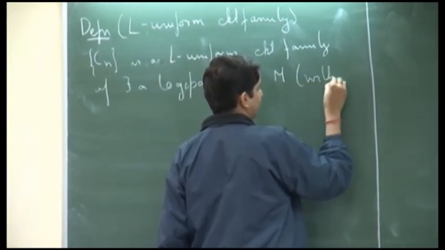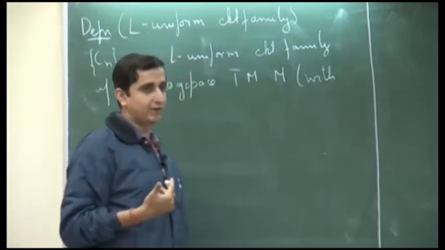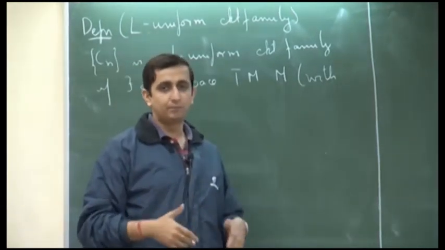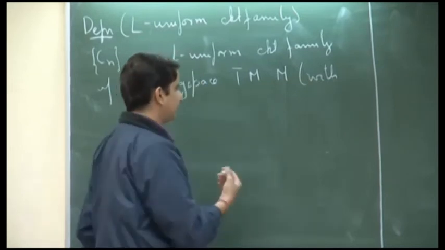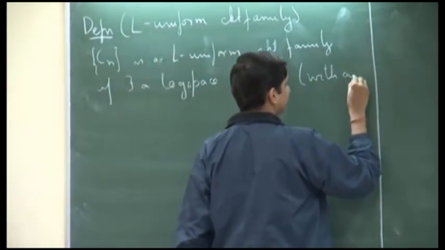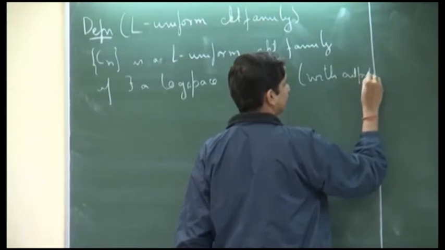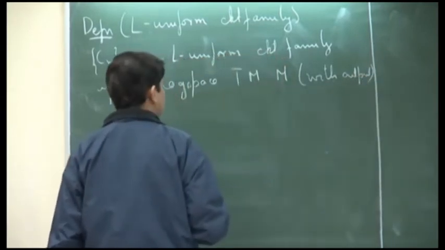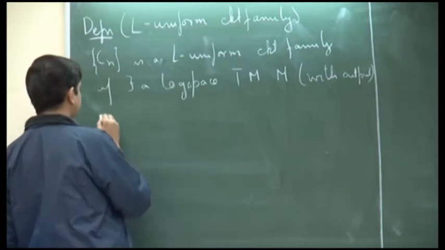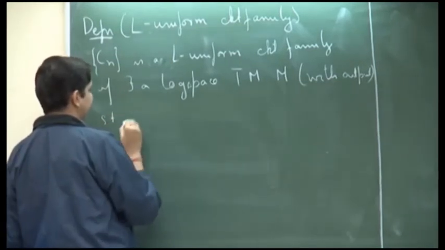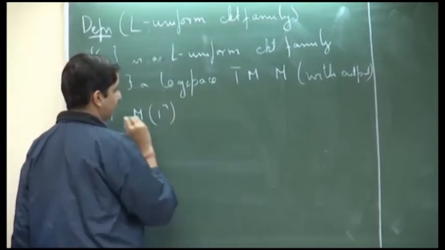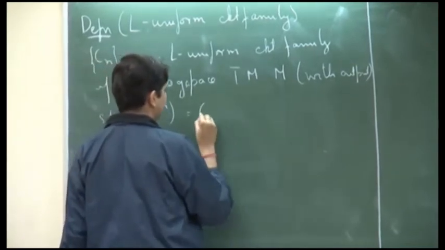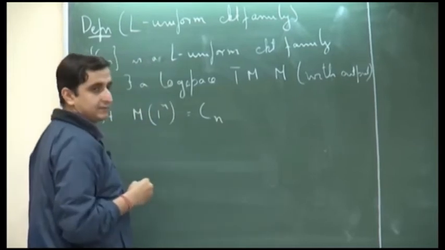Okay, so we are looking at Turing machines which have an output tape also, because I want to write out the circuit finally. I want to print the circuit. Such that M on input 1 to the power n outputs the circuit C of n.